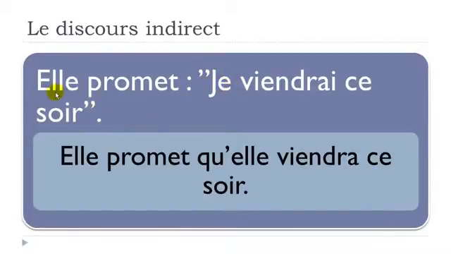So we've got here the subject and it's feminine, so it should be the third person of the feminine, qu'elle, okay? Here we've got the future form, je viendrai, so you should put the verb at the future form as well, but then for elle, it will be elle viendra, and then ce soir doesn't change. Okay? Elle promet qu'elle viendra ce soir.